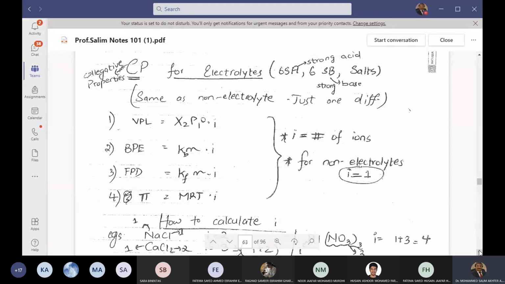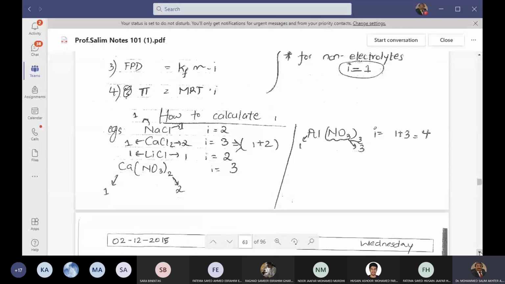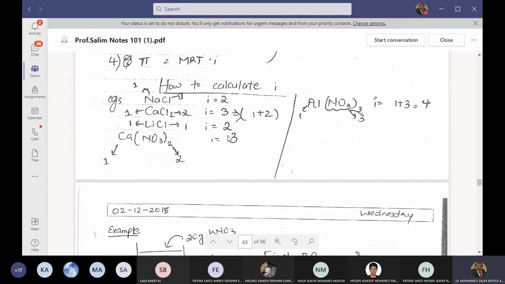Let me give you some examples for i. Sodium chloride, i equals 2. Why is it 2? Because when you dissolve sodium chloride in water, you will get 1 sodium ion and 1 chloride ion. Total i equals 2.